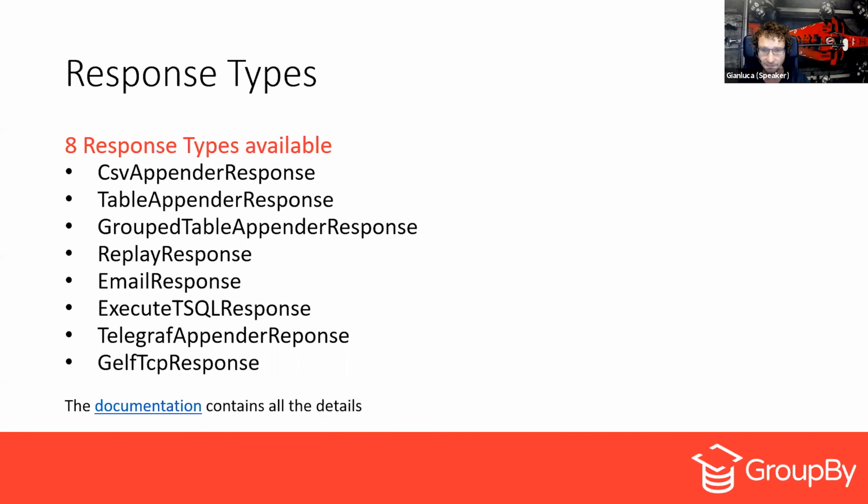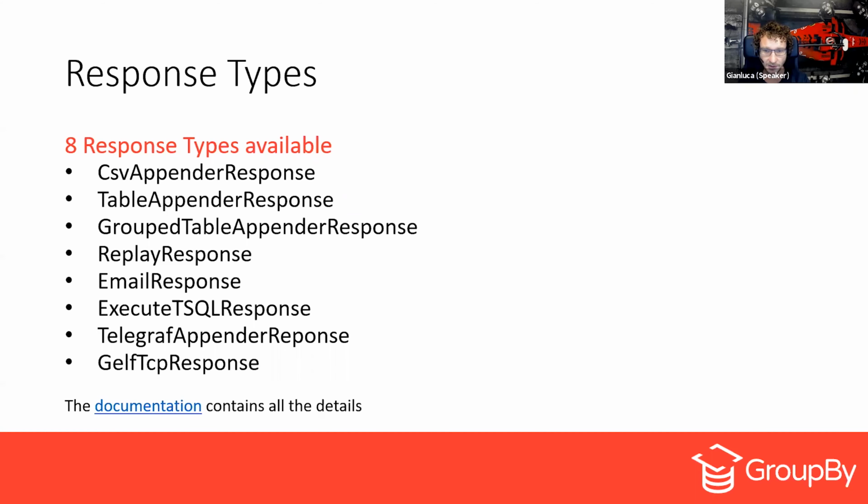Then we have a replay response. This one is capable of taking all of the execution events. So this is mainly for RPC completed and SQL batch completed events. It will take the command from these events and it will try to replay these events to a target SQL Server instance. Then we have an email response.